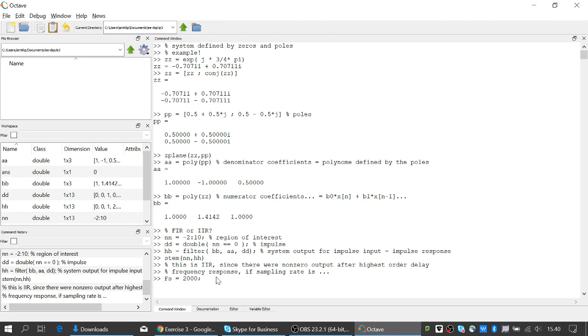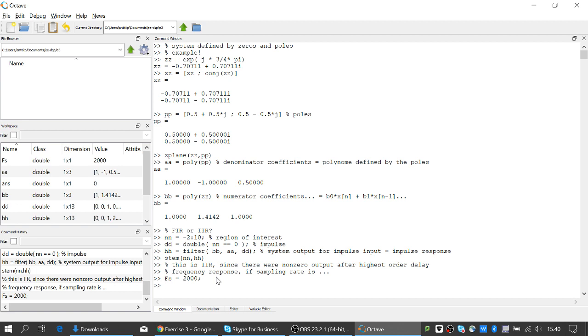It's just an example. So if this was a system with a 2000 Hertz sampling rate, maybe a data acquisition system of some sort, that would be your perfect filter to filter out some noise.